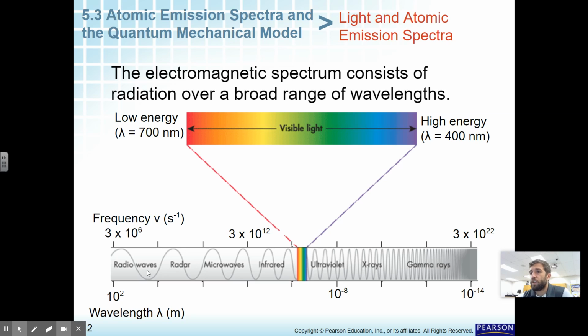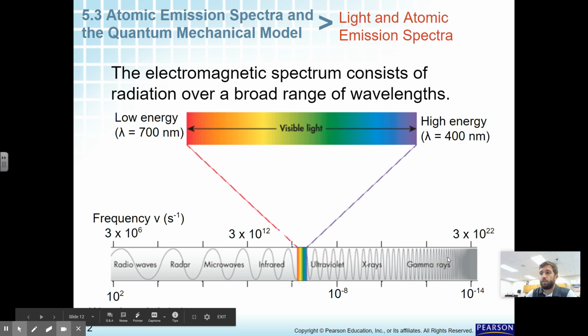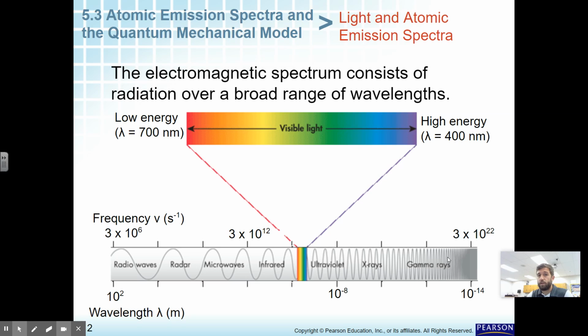So as you can see here, as you go left to right in terms of increasing frequency, the farther you go right, the higher frequency is and the more dangerous it is because that has a higher energy. We'll get to that on Monday or Tuesday. So gamma rays would be the most dangerous. Gamma rays cause radiation. X-rays, every time you get an X-ray, you have to put something that is usually lead, or some other heavy metal on you to prevent those rays from going through you in places they don't need to, right?